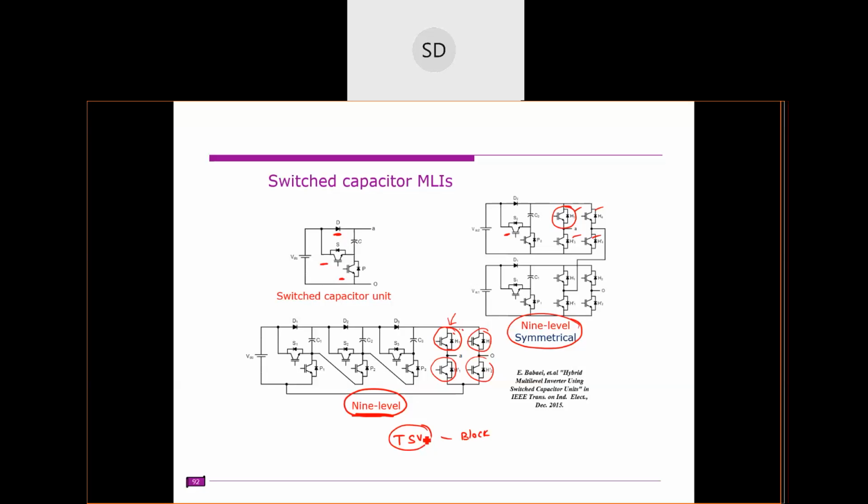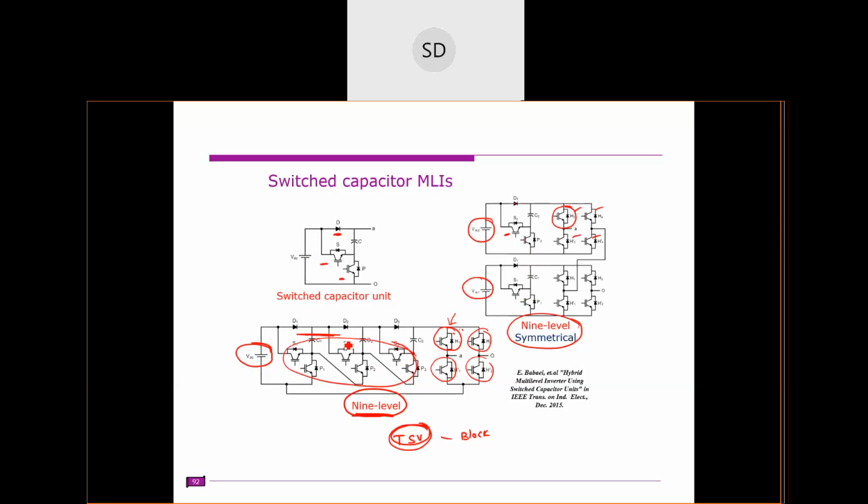Based on the total standing voltages we have calculated, here you require only one DC source, but here you require two DC sources. How many switches are required? Here you require 2 diodes and 4 switches, and here you require 3 diodes and 6 switches.